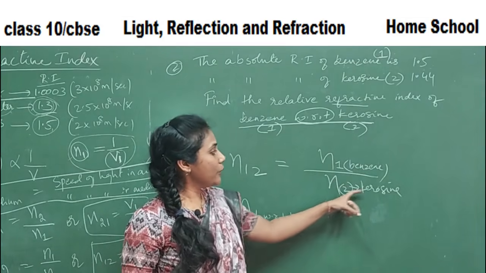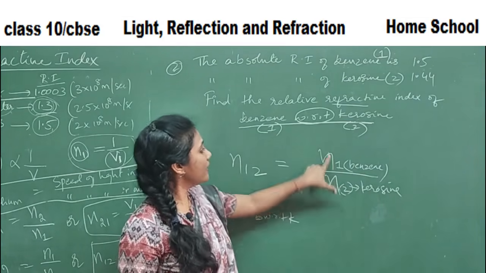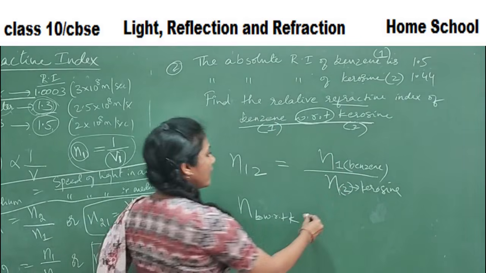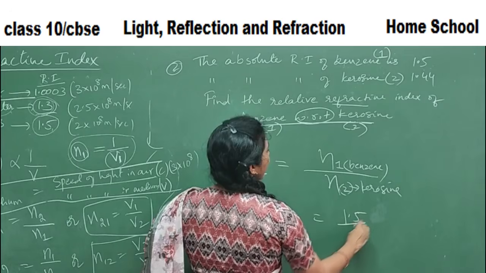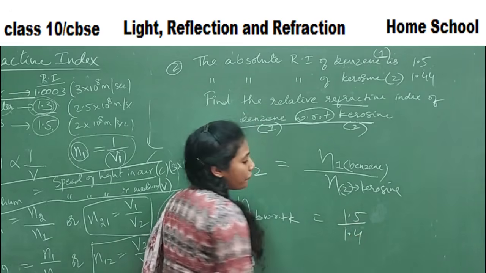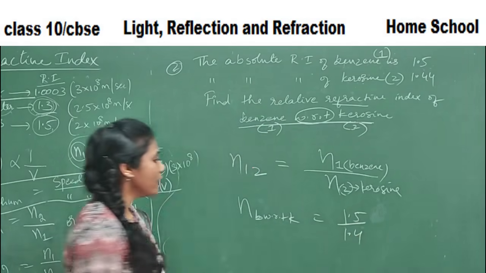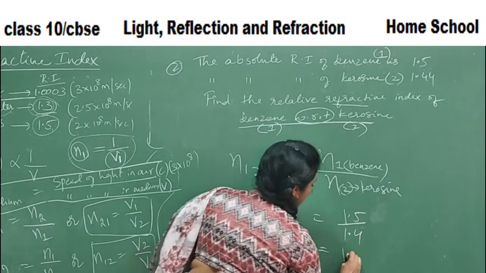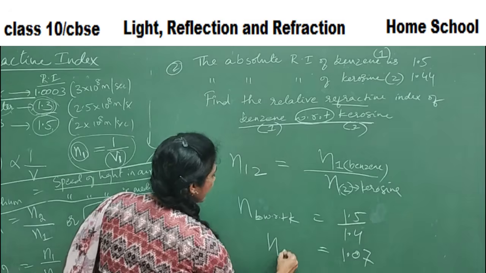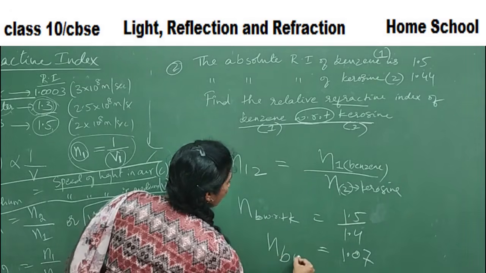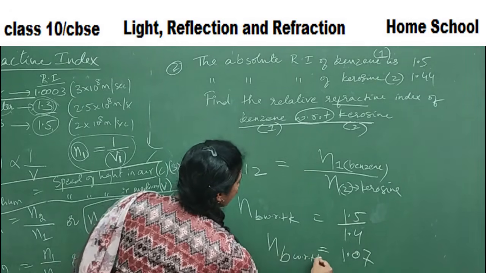N1 is benzene, N2 is kerosene. Their refractive index values are given. N1 value is 1.5 divided by 1.4. What is the answer you get? It is 1.07. So that is the refractive index of benzene with respect to kerosene.